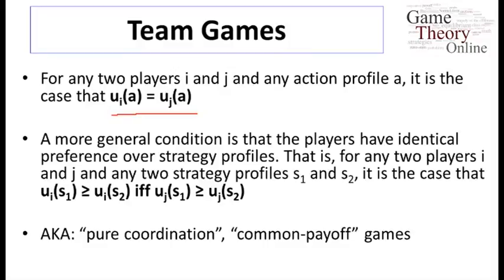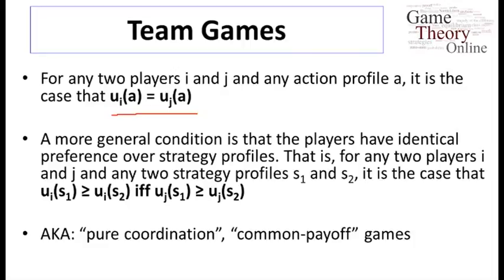In fact, this is too restrictive because really it doesn't matter that I get exactly the same payoff as you do so long as we have the same preferences. In other words, it doesn't matter if I get $1 and you get $2. If it so happens this is the highest payoff for each of us, that's good enough.